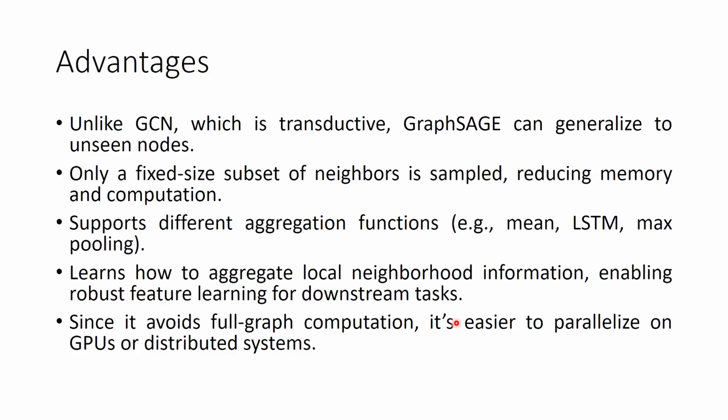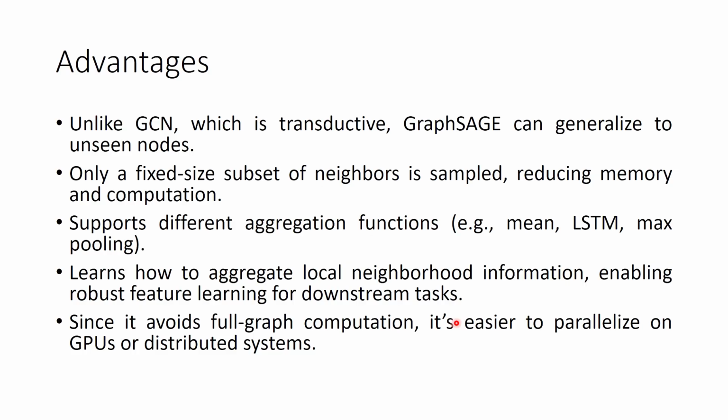Now we have talked about some advantages of GraphSAGE. Unlike Graph Convolution Network, which is transductive, meaning it only works on a stable set of nodes or graph, GraphSAGE can generalize to unseen nodes. As we have seen in this video, GraphSAGE is all about generalizing to unseen nodes.